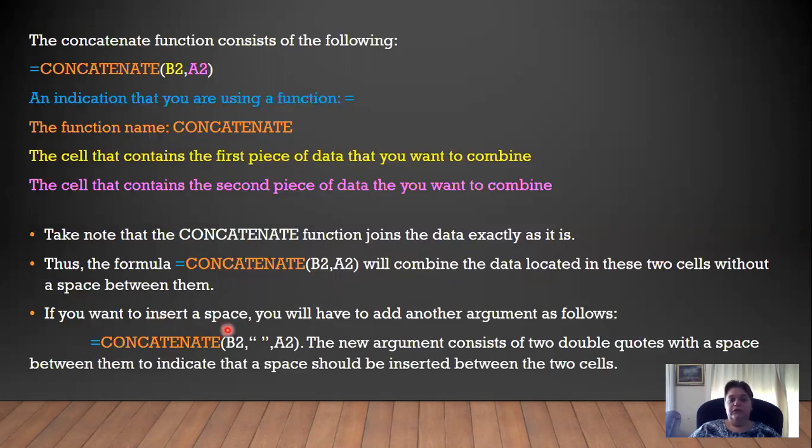If you want to insert the space, I'm going to have to add another argument. So I will rewrite my function as equals concatenate B2, and then in double quotes, open my quotation, space, another quote, and then select my second cell.